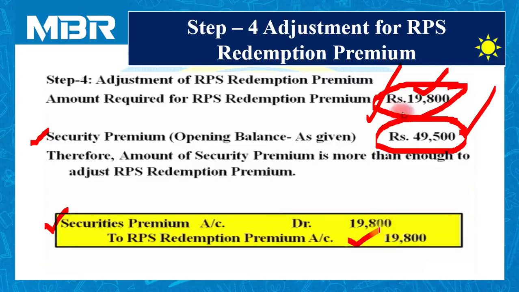If you remember the rule and the situation, you can easily adjust RPS redemption premium. In this particular question, we need rupees 19,800 only, and we have security premium of rupees 49,500, which is much more than our requirement. So we can easily adjust without any kind of calculation.